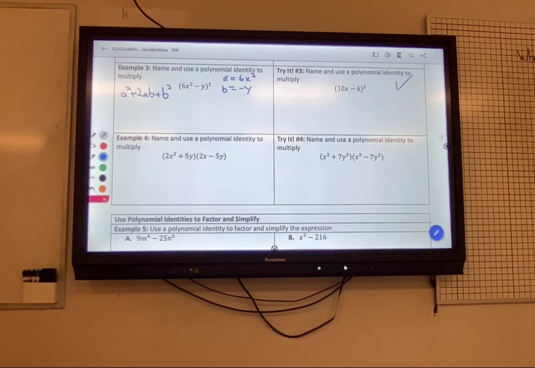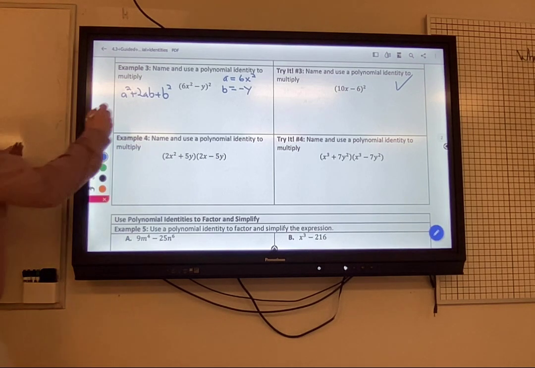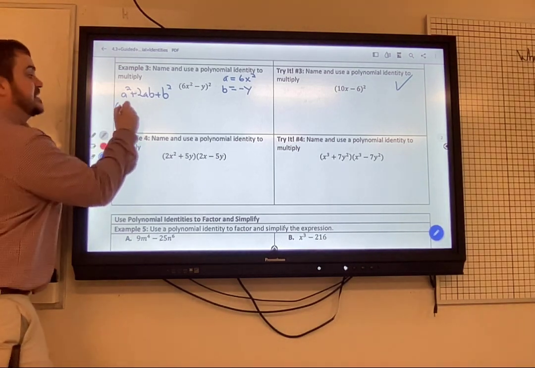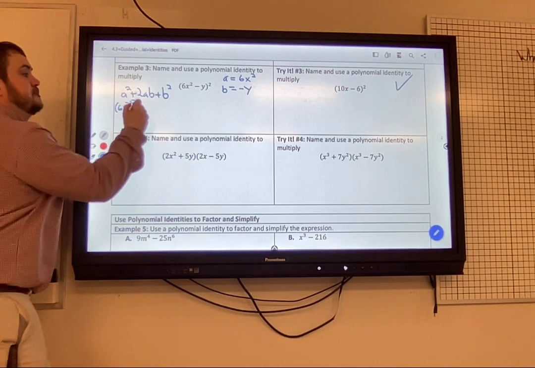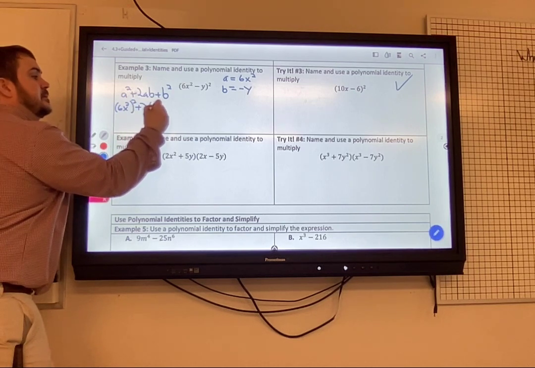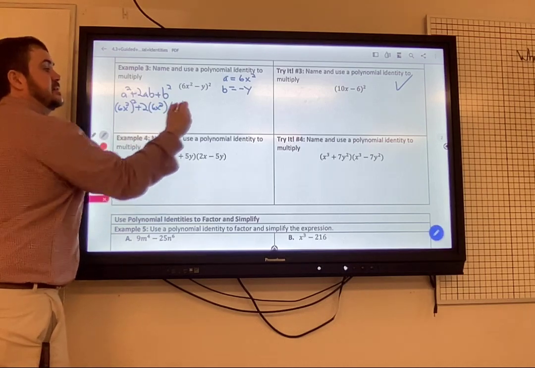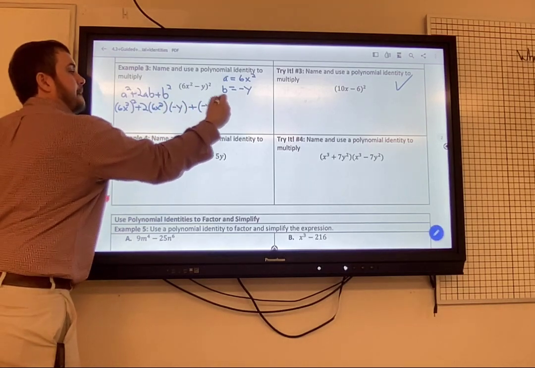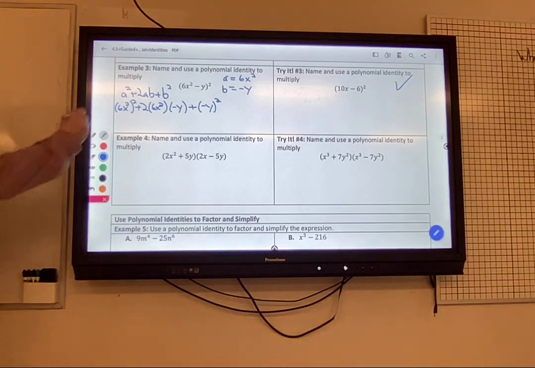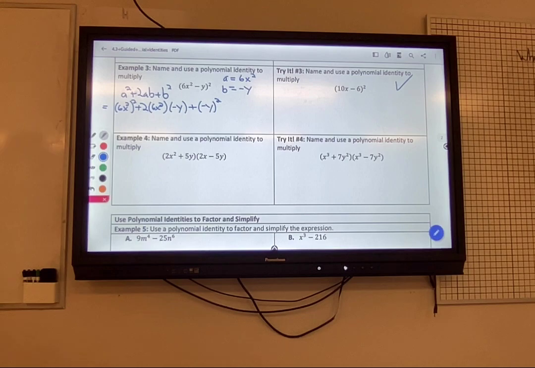And then you just do the same process. I'm going to replace this with 6x squared. All I'm doing is plugging in my A's and B's. If you still don't like it, just multiply it out.